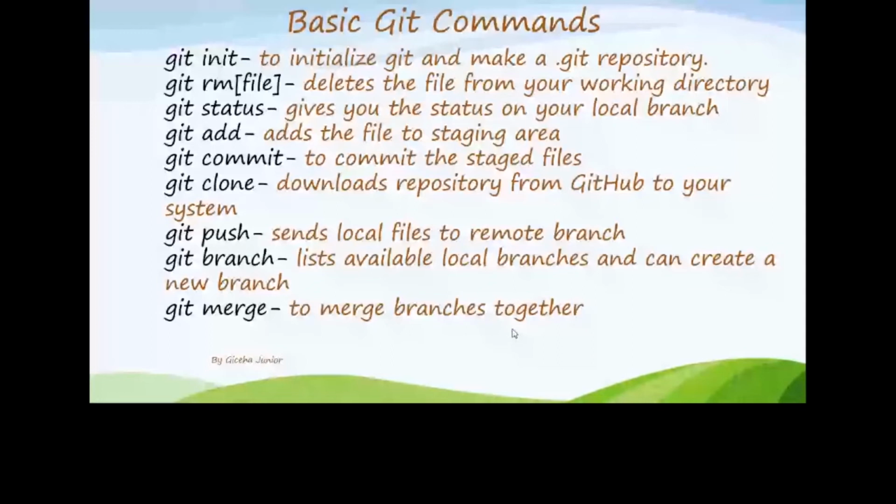You can also create a new branch using git branch. You can also delete using the git branch command, adding some params after it. Then you have git merge to merge branches together. This is a command where you merge this branch and another, merging the changes made.